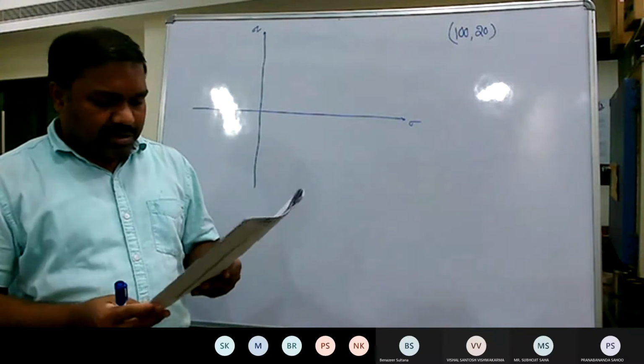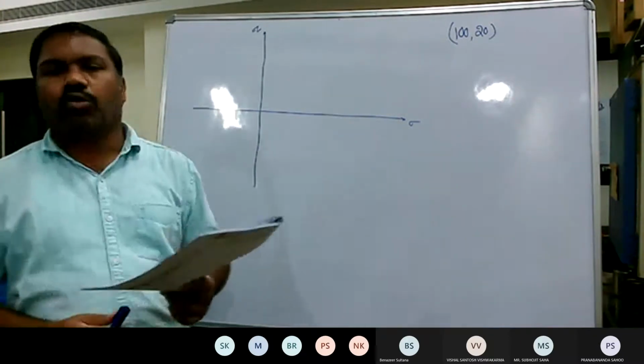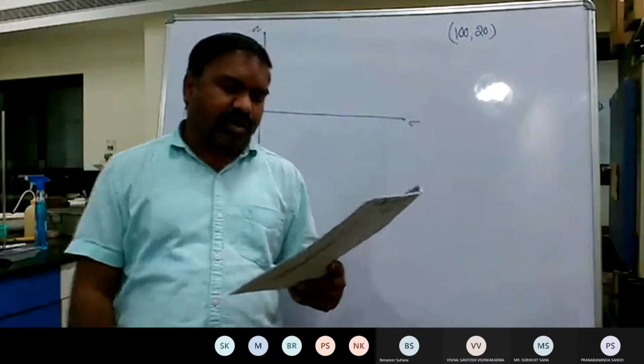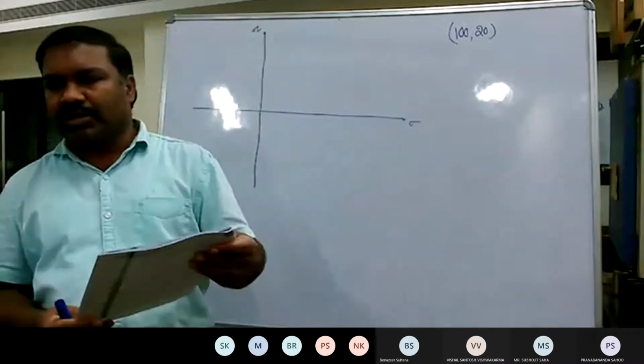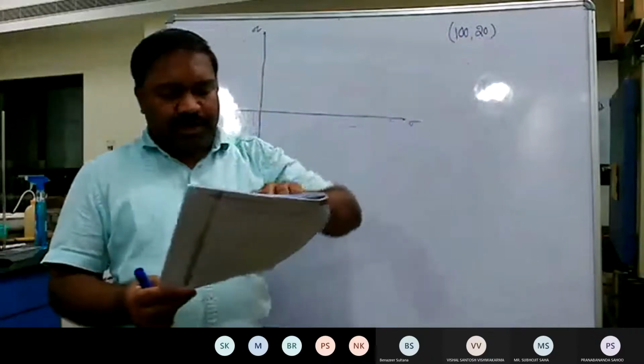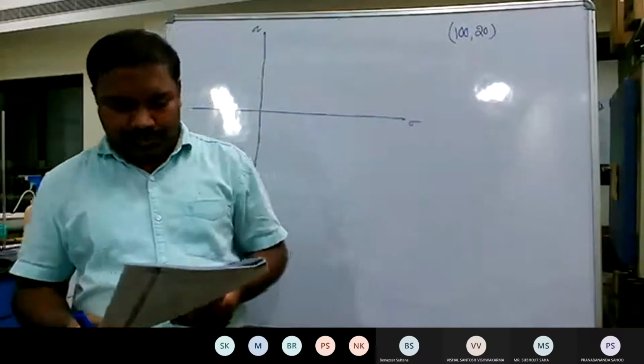So this is the point of stresses. If we convert this into coordinate form, the first point is 100, 20. Since 100 is in the compression direction, it is positive. And 20 is in the anti-clockwise direction, therefore it is positive.